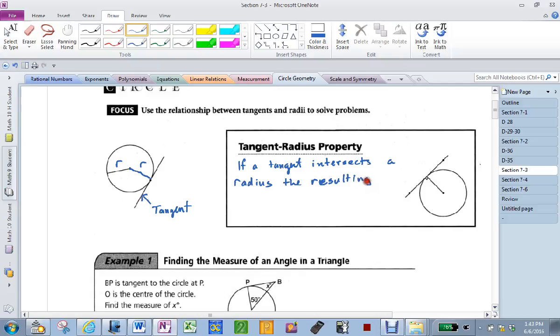The resulting angle is 90 degrees. And what math does that allow us to do if we ever need to find this distance or this distance? Right, that allows for our good friend, the most important man in the history of mathematics, allows for Pythagoras.